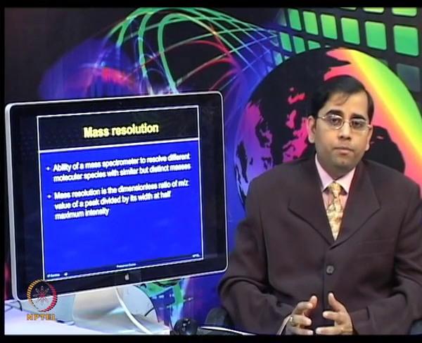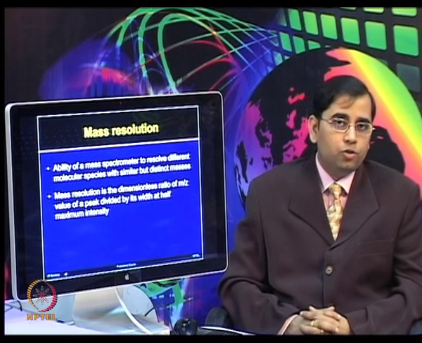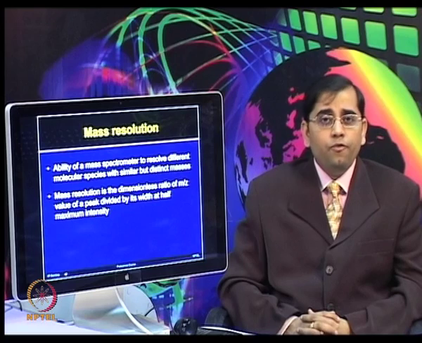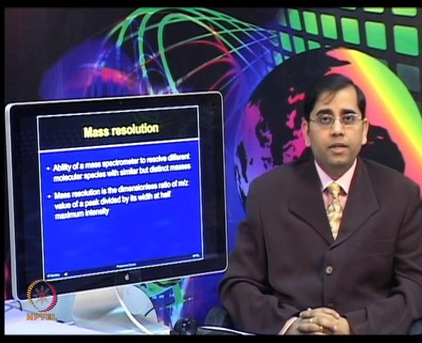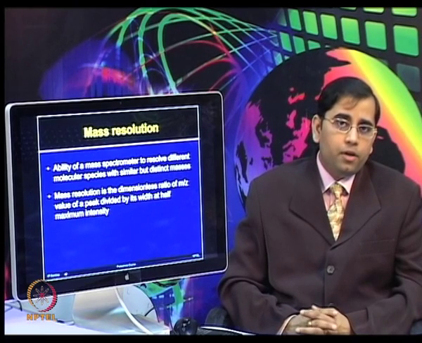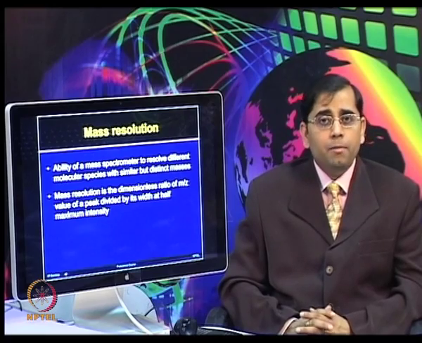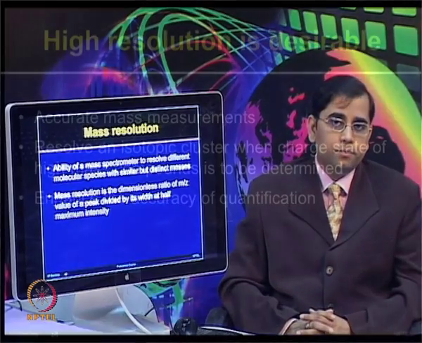It can range from 1000 to 1 lakh in different mass spectrometers. Now, if you have a resolution of 1000, that would mean that an instrument can resolve two peptides that differ by 1 unit at a mass of 1000.